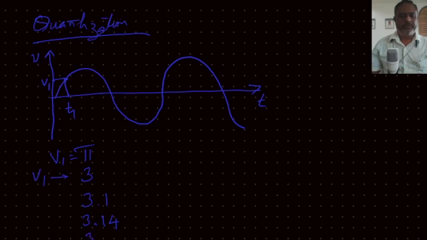For someone else who is not happy with 2 decimal precision, 3.142 will be okay, but if they are not happy with 3 decimals, then 3.1415 is there.